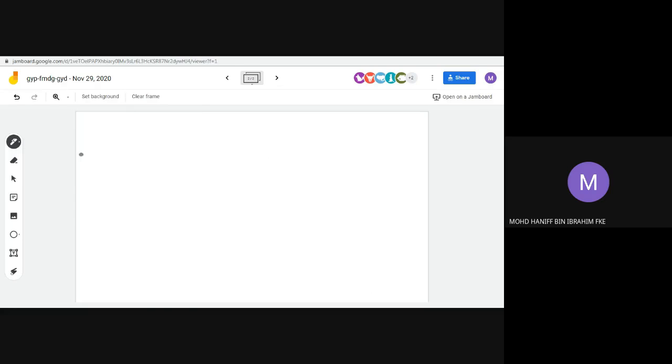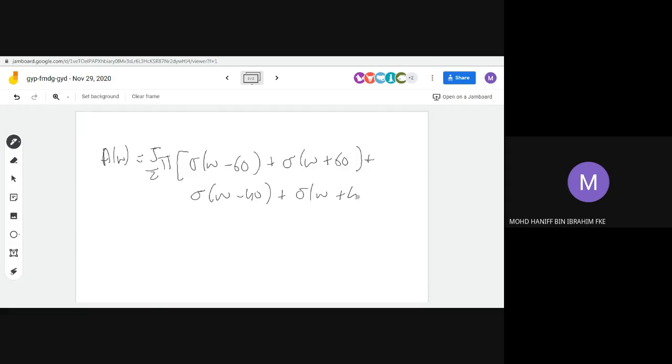So we're going to have A omega equals 5 over 2 pi, impulse function omega minus 60 plus impulse function omega plus 60, plus impulse function omega minus 40 plus impulse function omega plus 40.